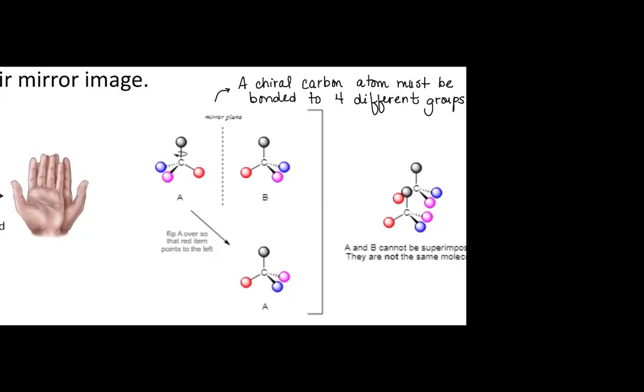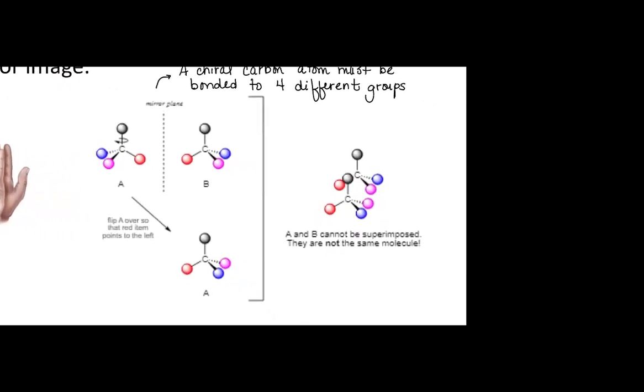What is molecule B? Molecule B is its mirror image, okay? So what happens is that if you have a chiral carbon and you have its mirror image, when you try to take that first compound and flip it to align the atoms, we can see in the image on the right that molecule A and molecule B are non-superimposable, meaning that they cannot line up like our hands.